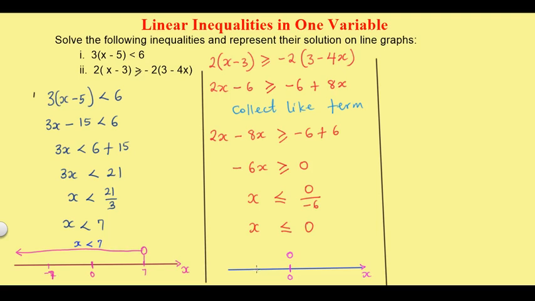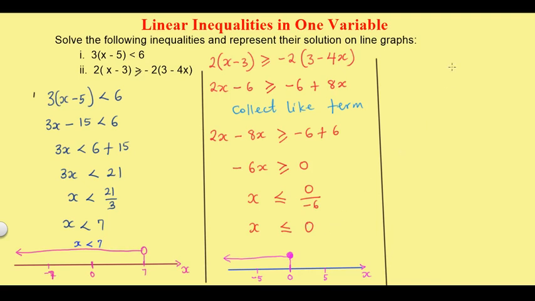Let's say we have negative 5 downward and positive 5. The value of x must start from 0. We call that inclusive inequality. Because it's inclusive, we have to shade this part, unlike the other one here that is not inclusive.